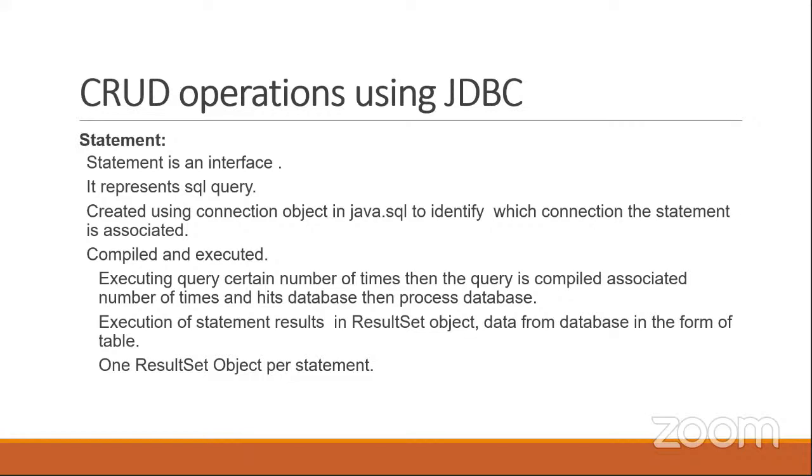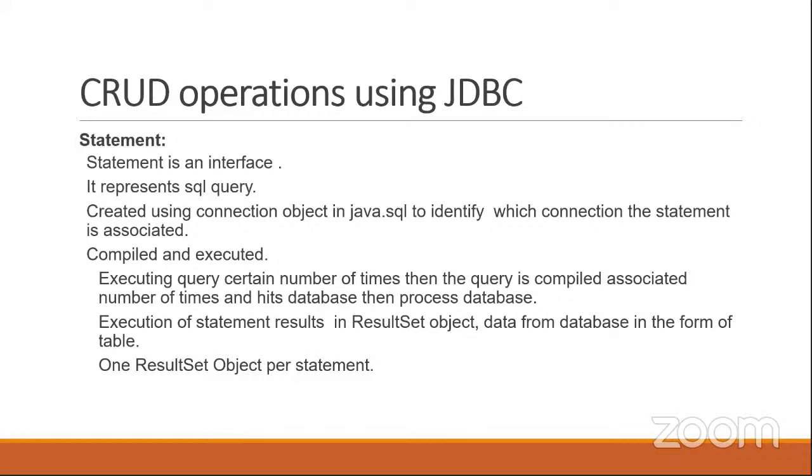Why do we need this result object? So here is a question: what is a ResultSet? ResultSet is an interface. It always places its cursor on table records. What is the purpose of this ResultSet interface? If we want to retrieve any record from a table, then we must instantiate an object for this ResultSet interface.